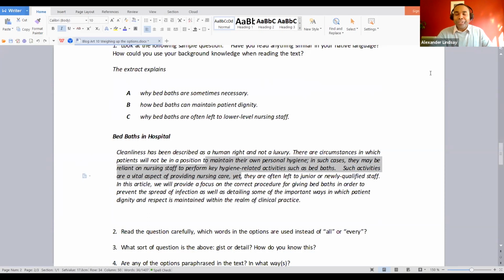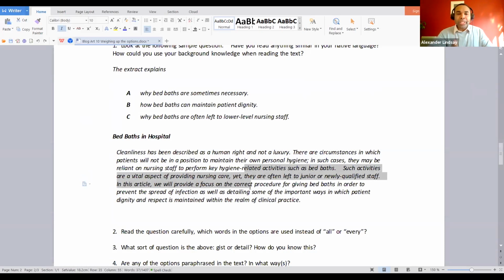How does a patient feel having a bed bath? How does the patient feel once they've gone through that experience? So you're looking at the patient's emotions, the patient's reactions to having a bed bath.